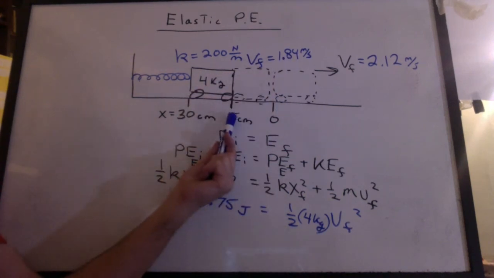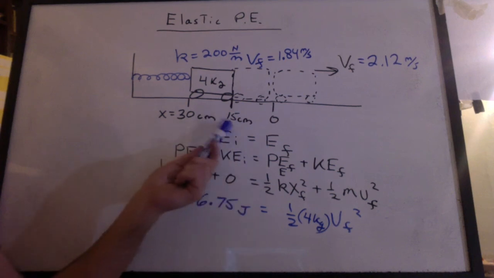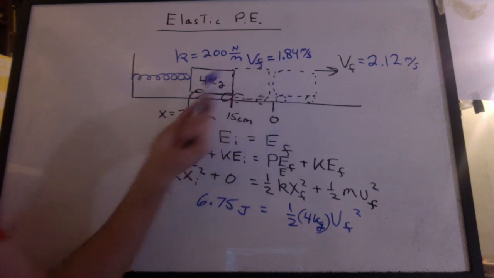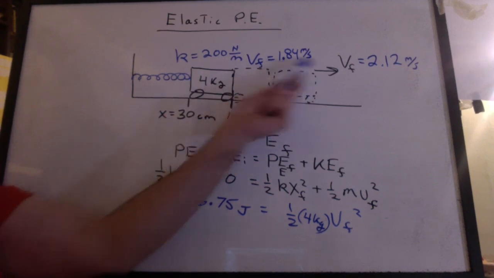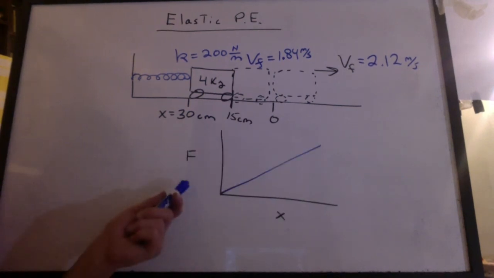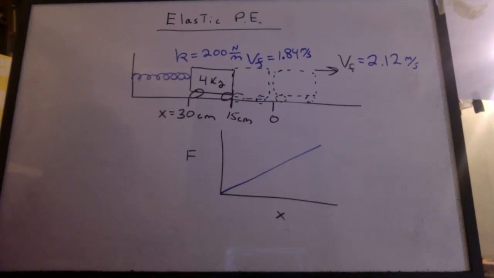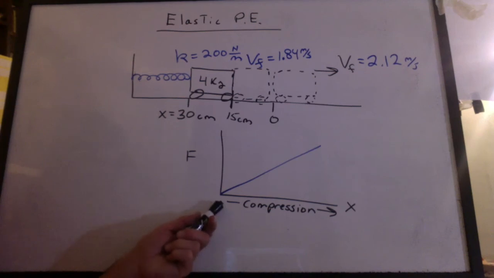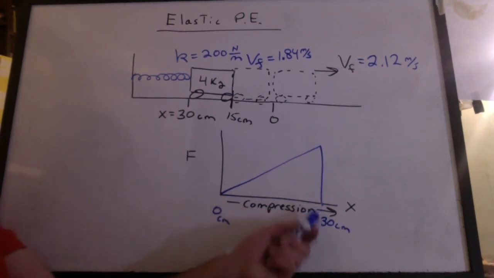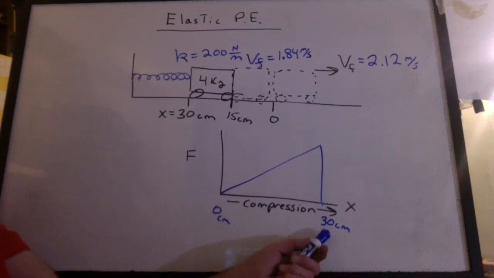Now it's kind of interesting to note that we've expanded halfway, but most of the velocity is gained in the first half. We don't gain that much more in the second half. Maybe we can understand that better by looking at the graph. Remember, we set this up as compression going this way. At the full compression, we're at 30 centimeters.